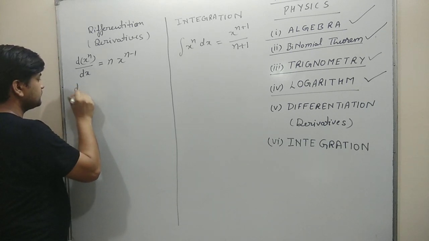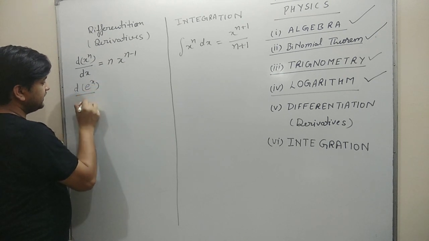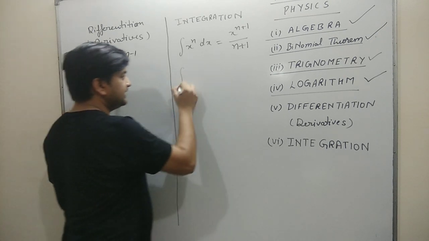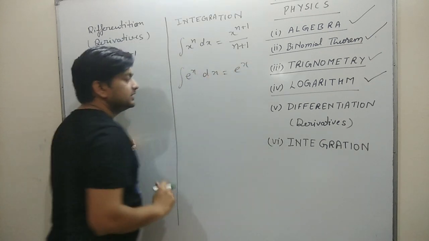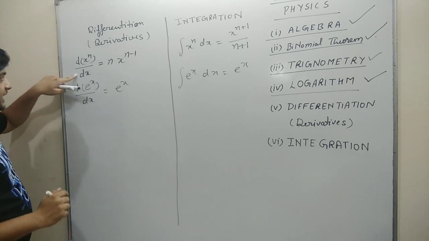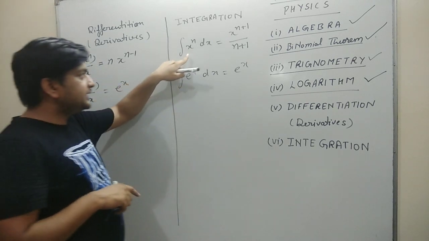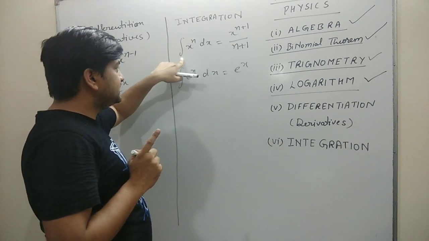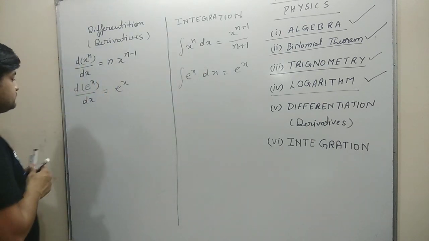So the derivative of e^x is only e^x. Integration of e^x is again only e^x. The symbol of derivative is d by dx. This is the function whose derivative is going on. And here we are doing integration of x raised to power n, and this is a curved line, and the dx is the symbol of integration.